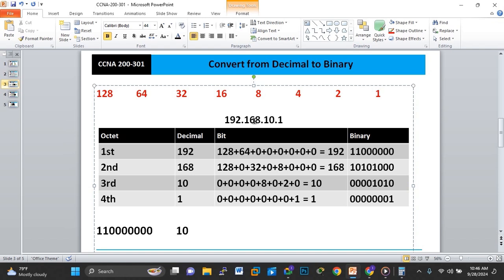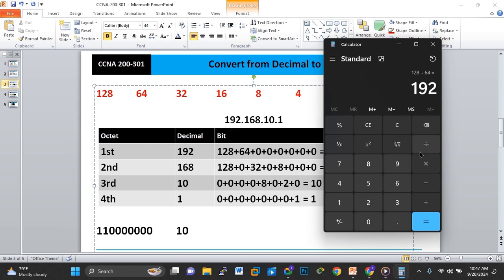128 here, the bit is on, because 168 is bigger. This 64 bit is off, because adding these two would give us 192. So if we now try to add 32 to 128, what will happen?